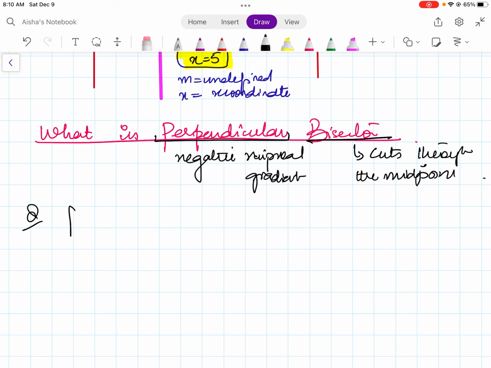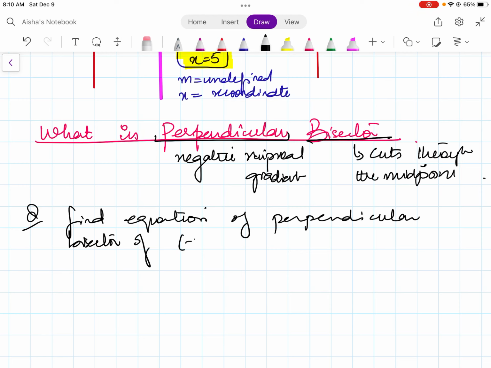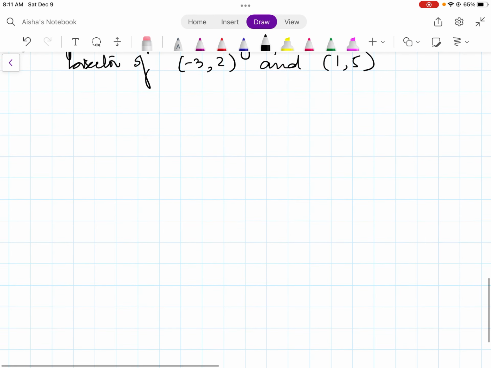So my question will be, find equation of perpendicular bisector of minus 3 comma 2 and 1 comma 5. Meaning, step 1 will be find the gradient.